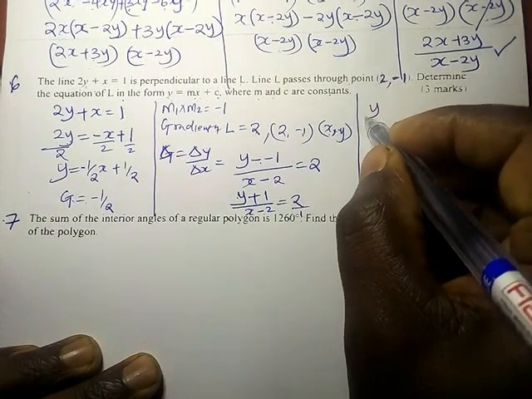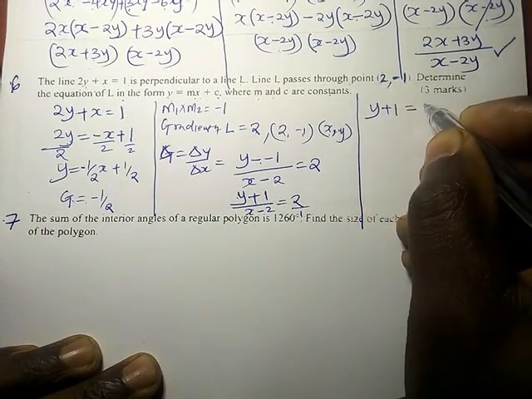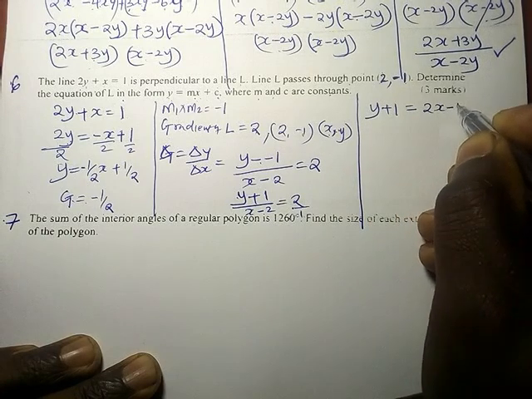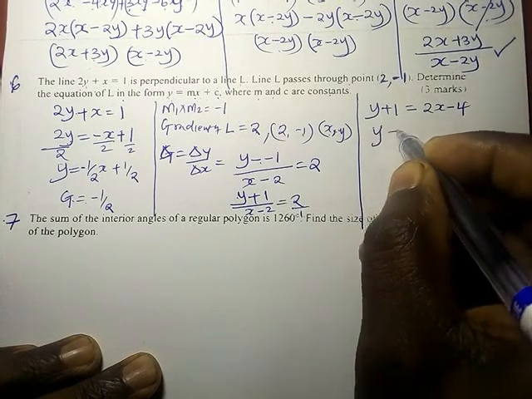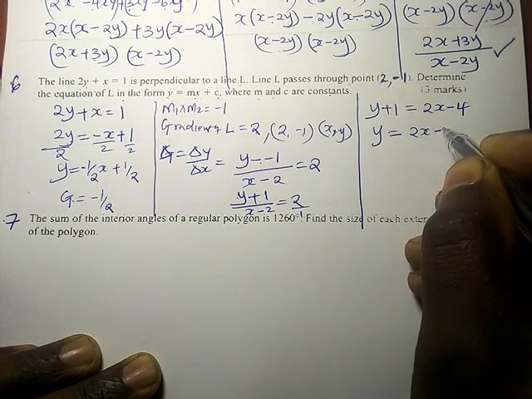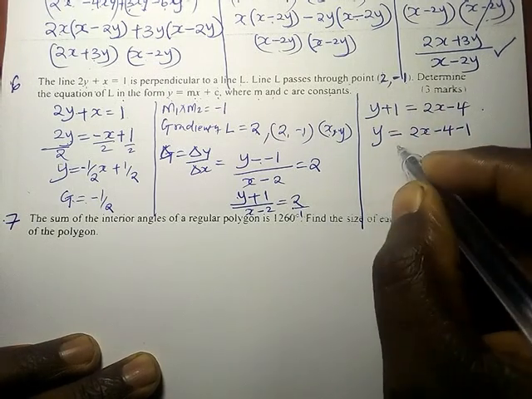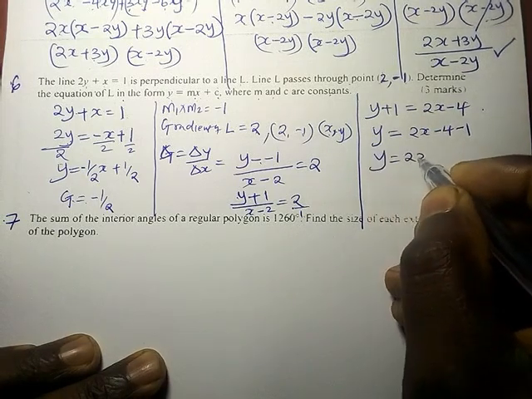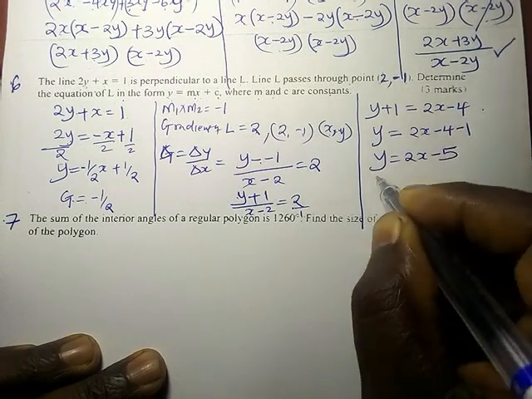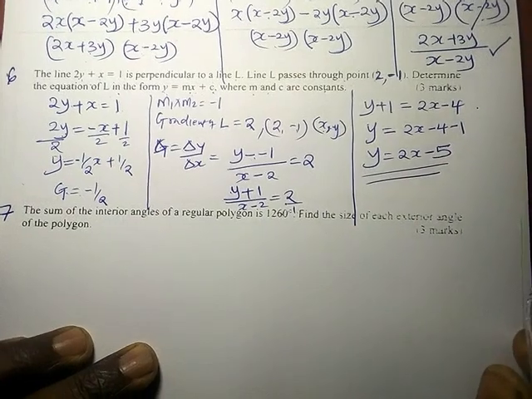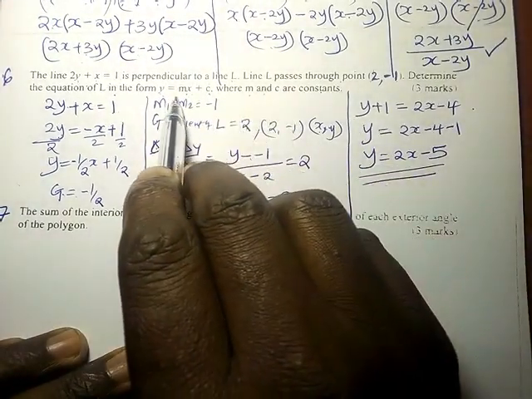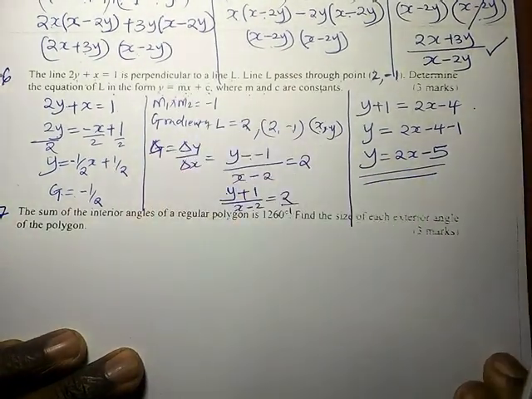We will have y plus 1 is equal to 2x minus 4. y is equal to 2x minus 4 minus 1, taking it to the other side. y is equal to 2x minus 5. And that is the equation of that line L in the form of y is equal to mx plus c.